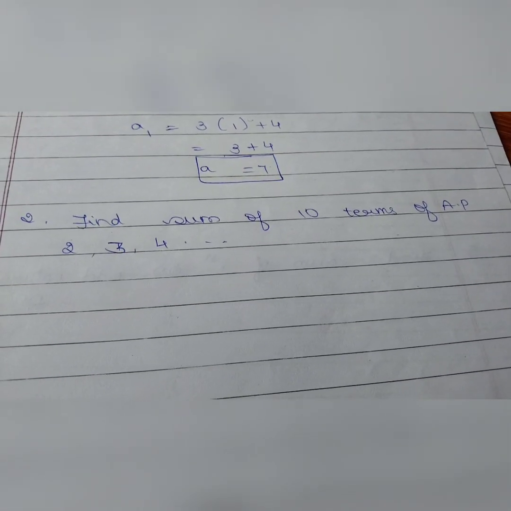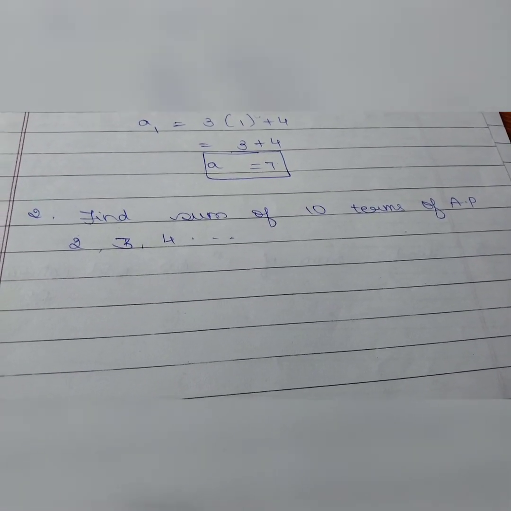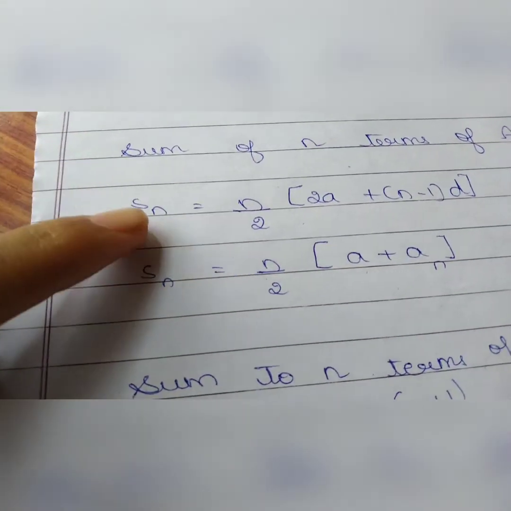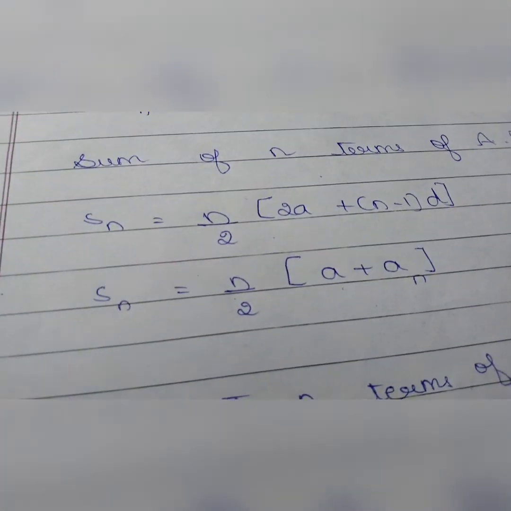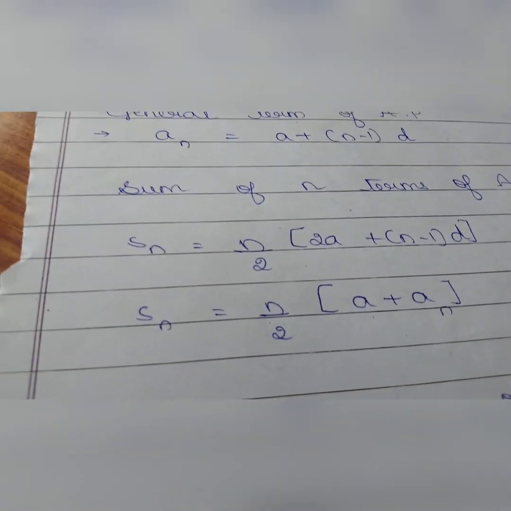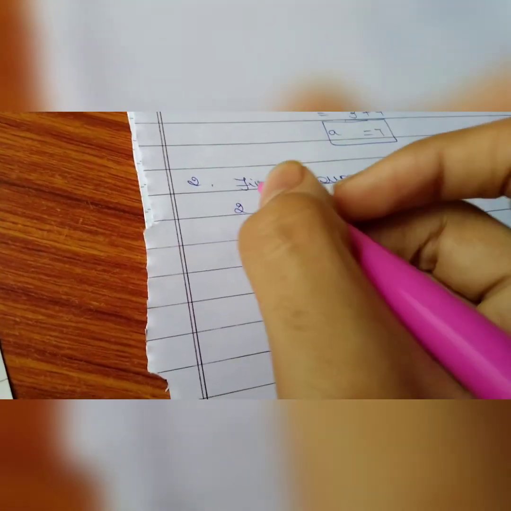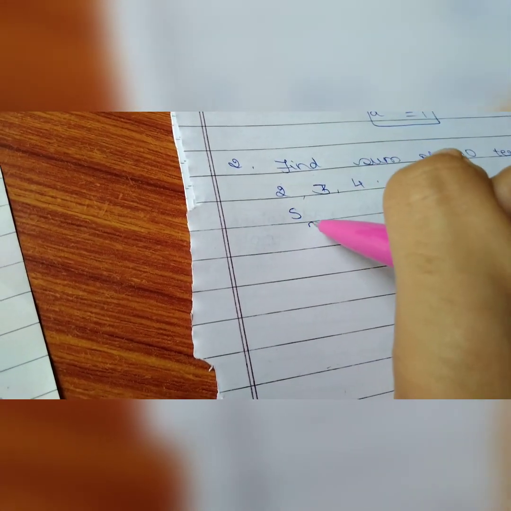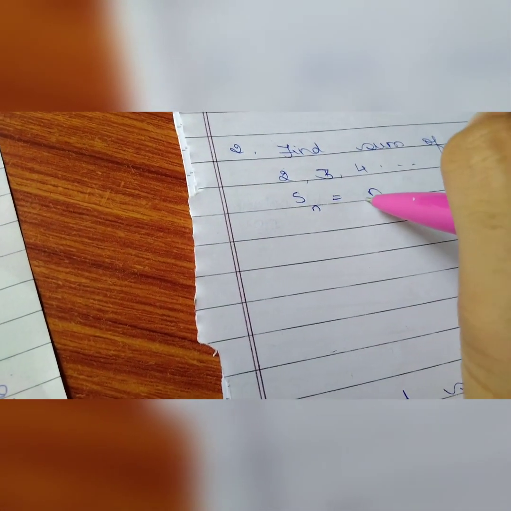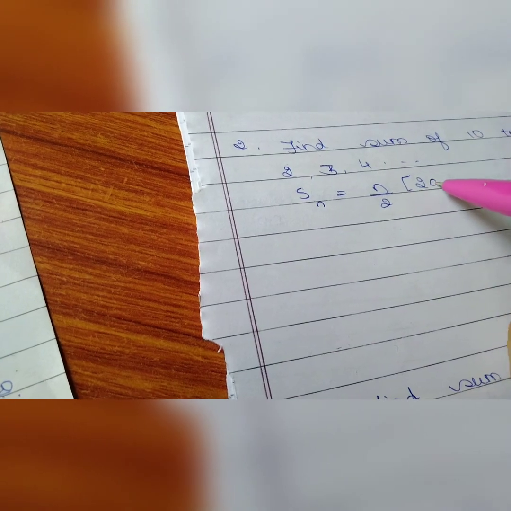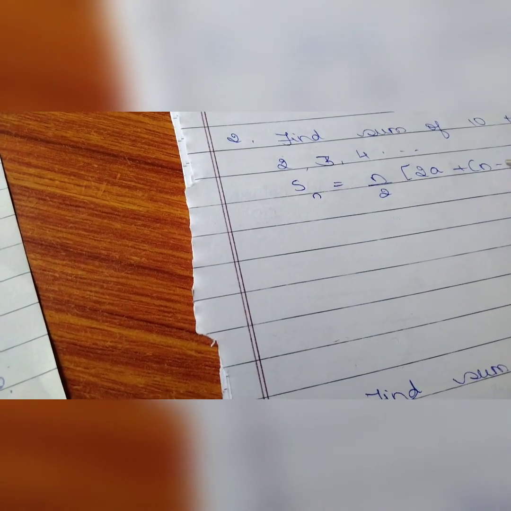Find sum of 10 terms of AP 2, 3, 4. In this you can use any of these formulas. As we don't know the last term, we should use the first formula. Sn equals n by 2 into (2a plus (n minus 1) into d).